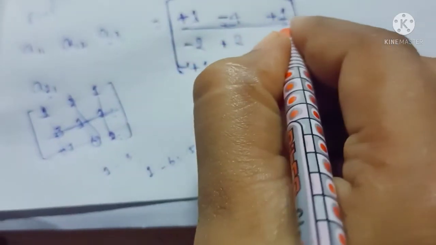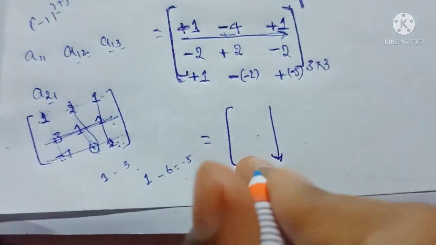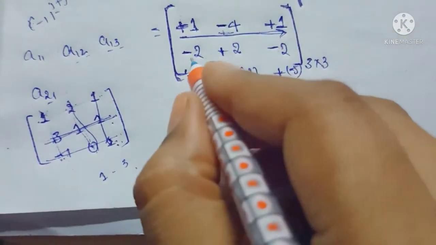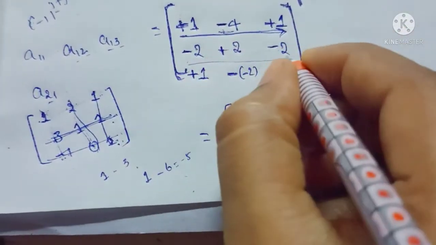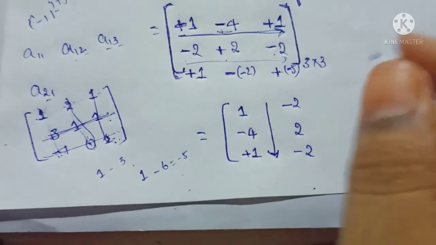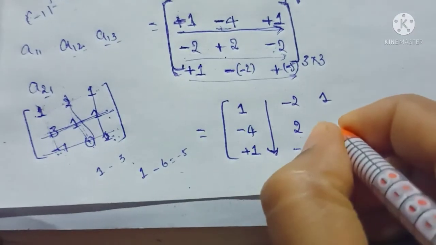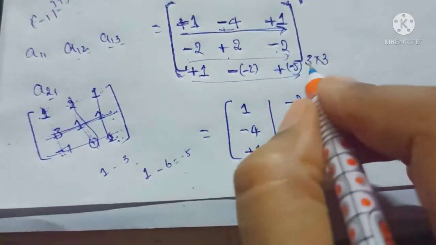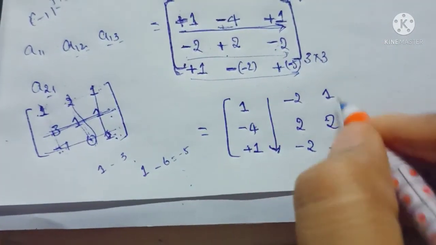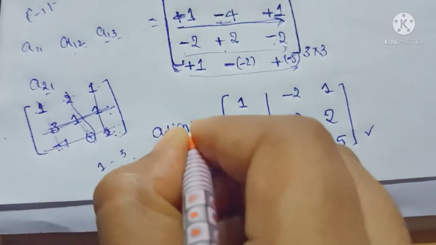Here 1, 4, 1 is a row, so we convert it into a column: 1, 4, 1. This row, minus 2, 2, minus 2, becomes a column. For the last row, 1, 2, minus 5 convert into a column. This is the adjoint matrix, adjoint of A.